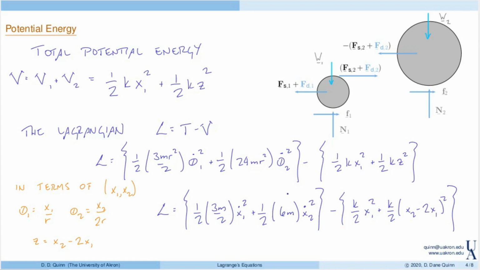So this is now the Lagrangian written in terms of our 2 independent coordinates.